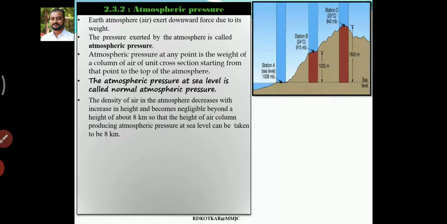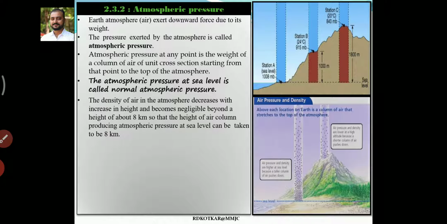The density of air in the atmosphere decreases with increase in height and becomes negligible beyond a height of 8 kilometer. So the height of the air column producing atmospheric pressure at sea level can be taken to be 8 kilometer.